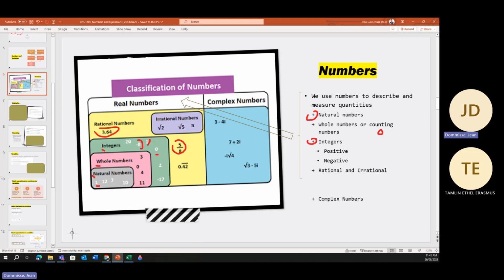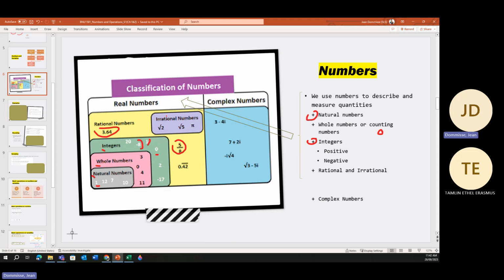If it's a number with 2 or 3 decimals, it doesn't matter, but you can see that the decimal is not going on. It is a specific length of decimals. That is a rational number.